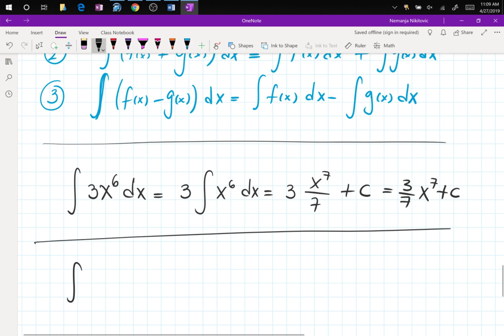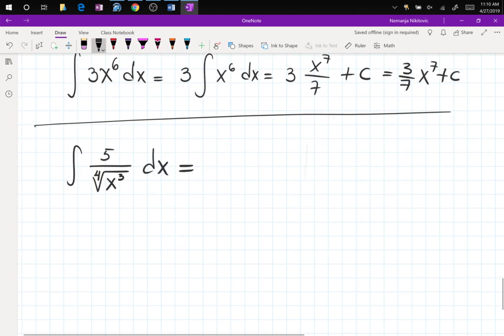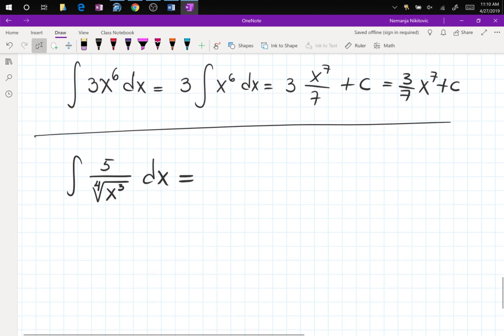Integral of 5 divided by the 4th root of x cubed dx. How's your algebra? Let's see.